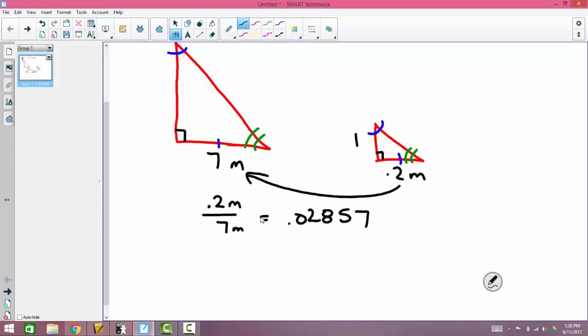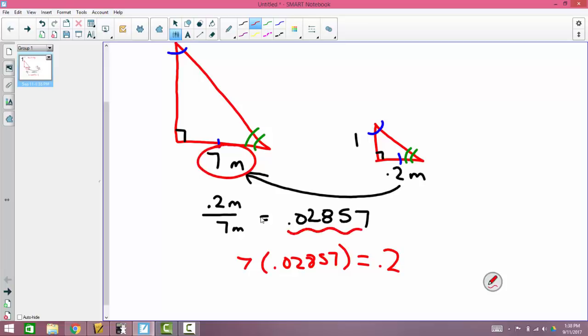So basically, if you think about this, 7 times 0.02857 will give 0.2. So the big times the proportion will give the small.